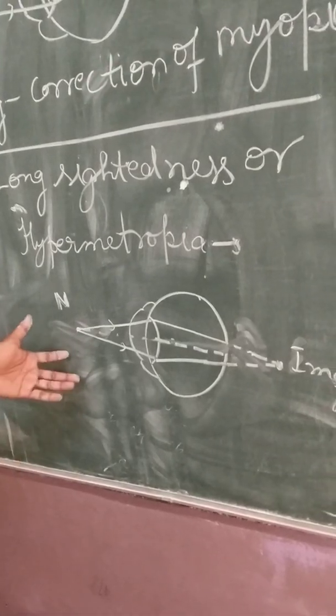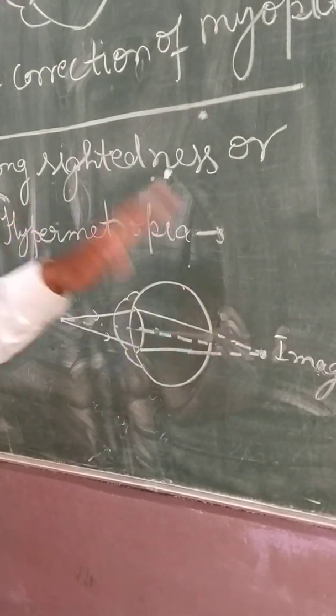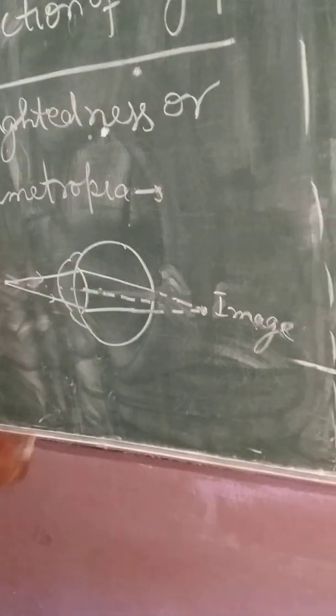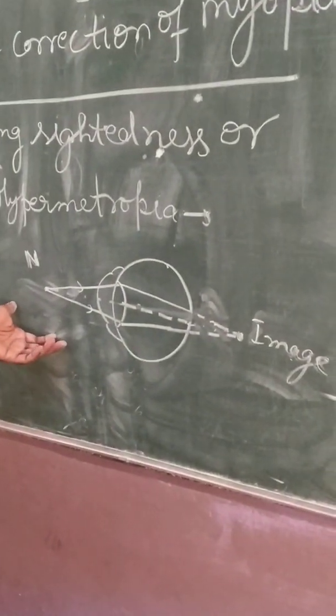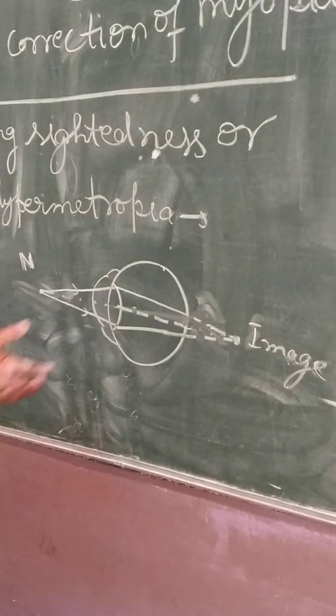In this defect, the image is formed beyond the retina. So the nearby object is not seen clearly by the human eye in this defect.